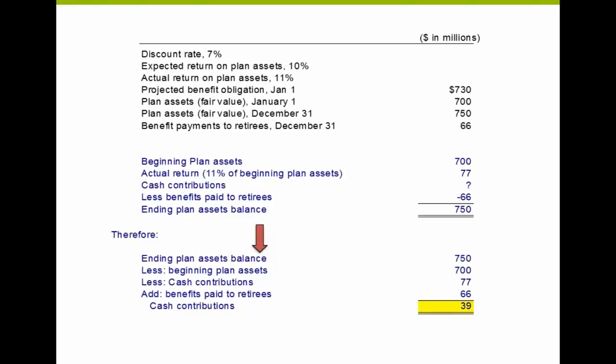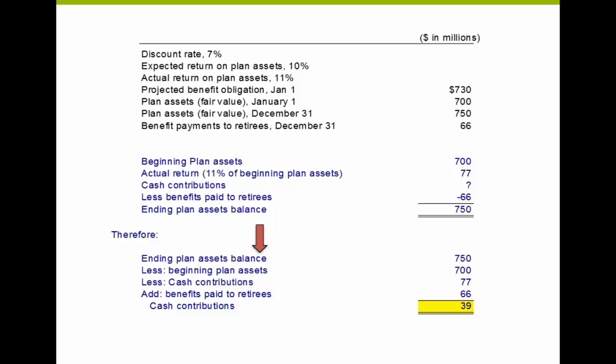So notice the piece here in this calculation is we have the beginning plan assets, which is $700,000, and the actual return is impacting the plan assets. So the actual return is 11%. This is multiplied by the beginning balance of the plan assets.